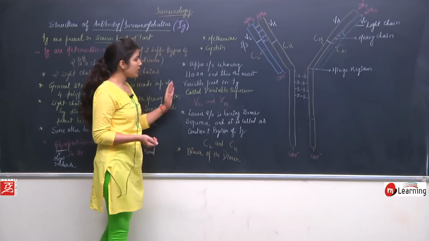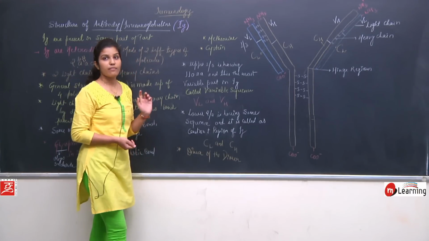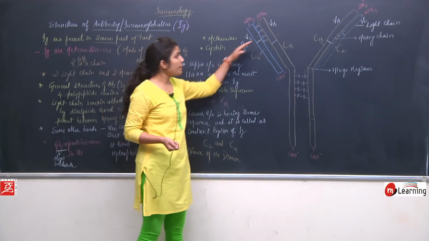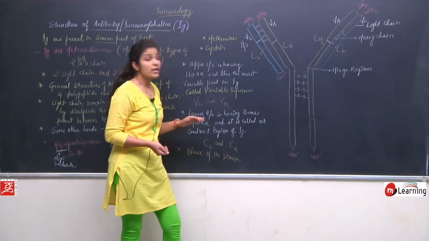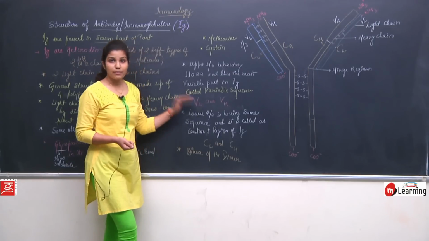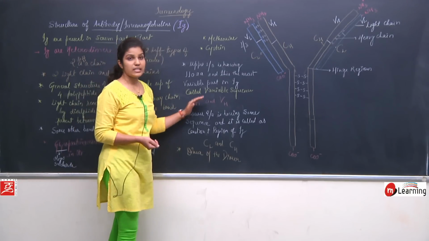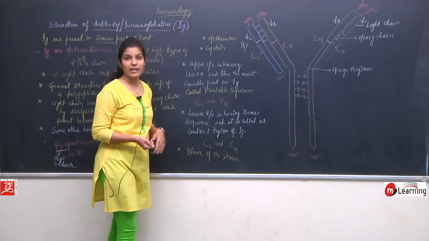Now, one more thing, in variable region we have discussed that our upper 1/3 region, which comprises of 110 amino acids, is termed as the variable region of light chain and the variable region of the heavy chain.